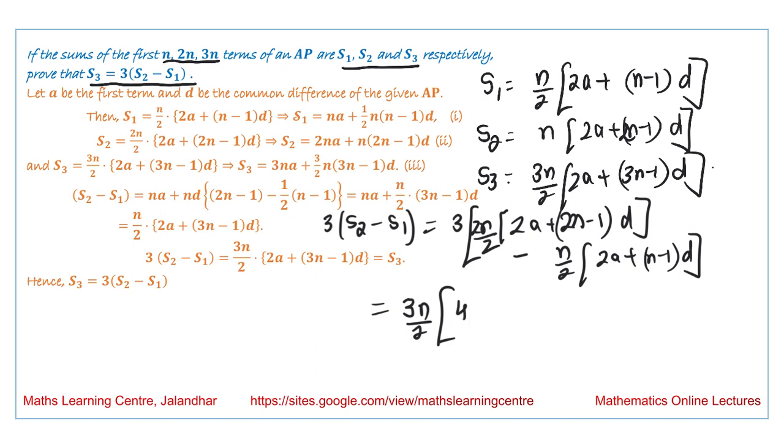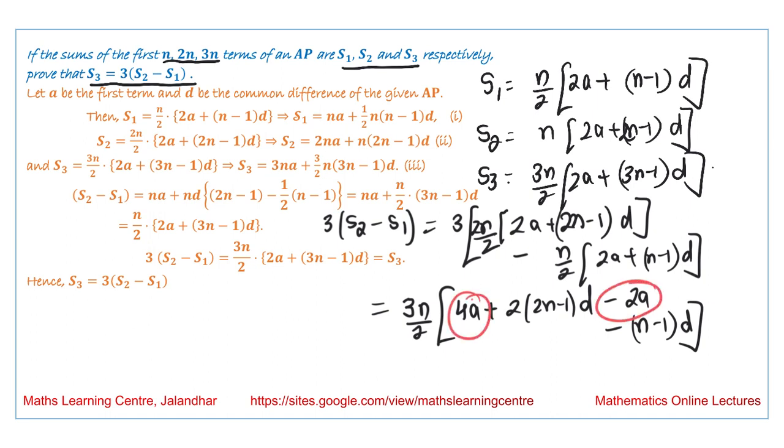So what we are left with is 4a plus 2 into (2n minus 1)d, then minus 2a minus (n minus 1)d. The 4a minus 2a becomes 2a, and we have 3n by 2 common.